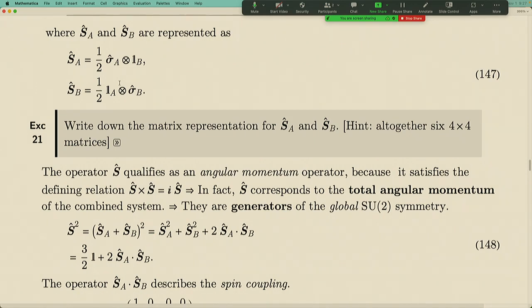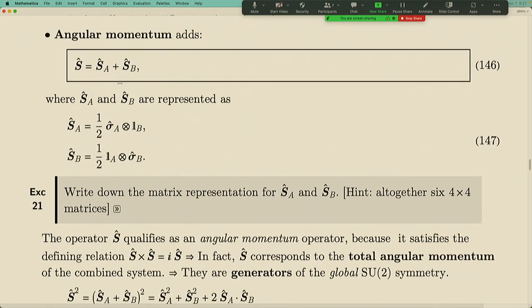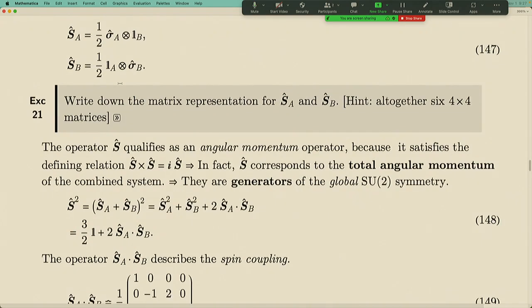So we can define an operator S, which is the total angular momentum, which is S_A plus S_B, which means that for each component, S_A^x plus S_B^x is S_x, and the same thing happens for S_y and S_z. With that, first of all, one can check that if you add the angular momentum operators of two spins together, the total angular momentum S operator still qualifies as an angular momentum operator.